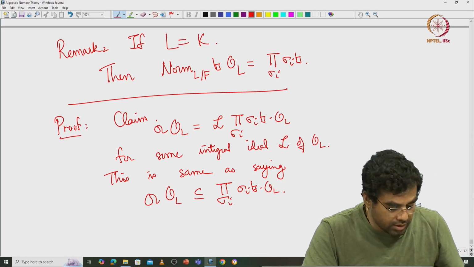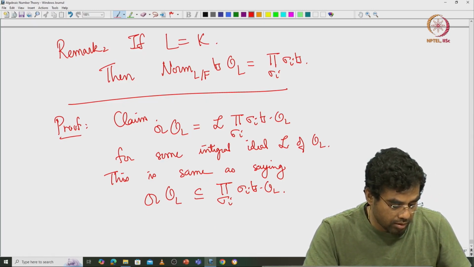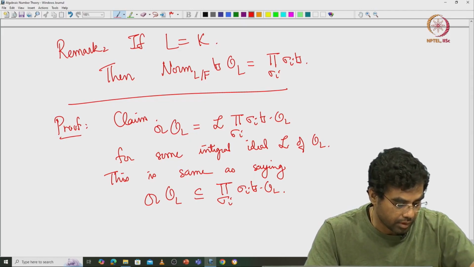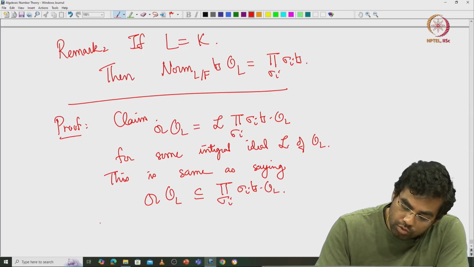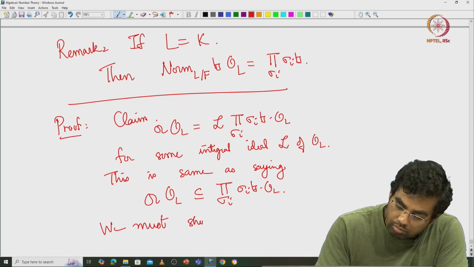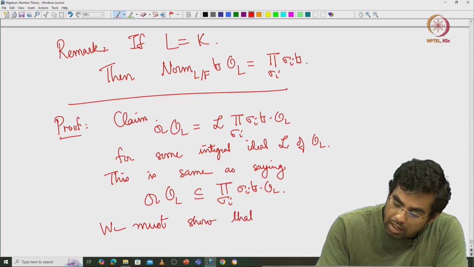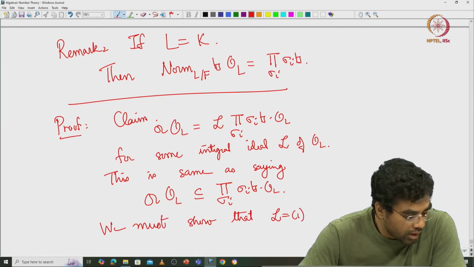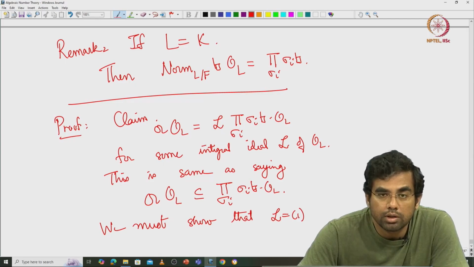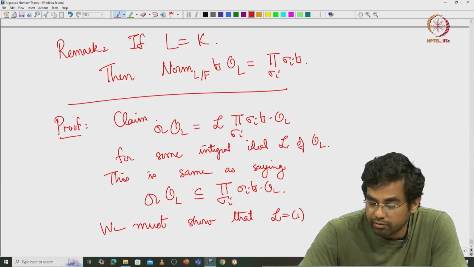Okay. So that's one part of it. Now we must show that L is the trivial ideal. And this is a standard trick that you will learn about showing that something is a trivial ideal.